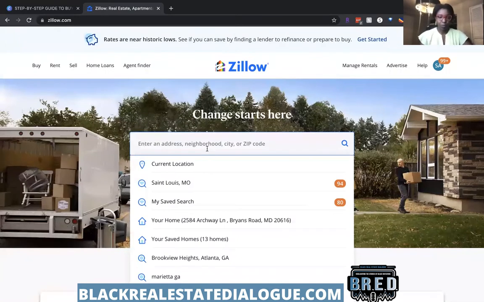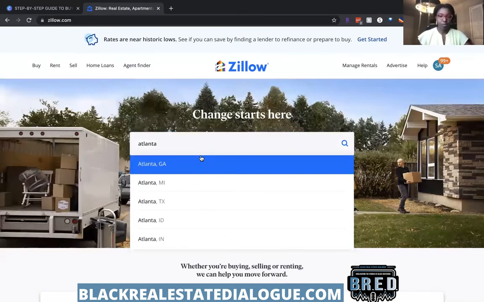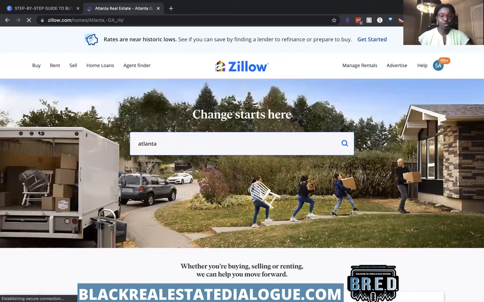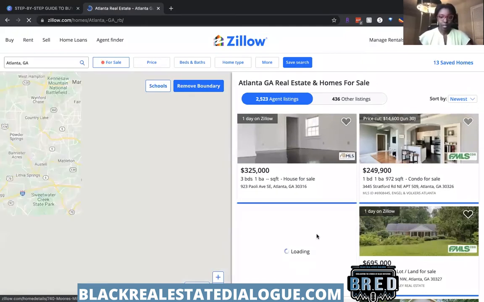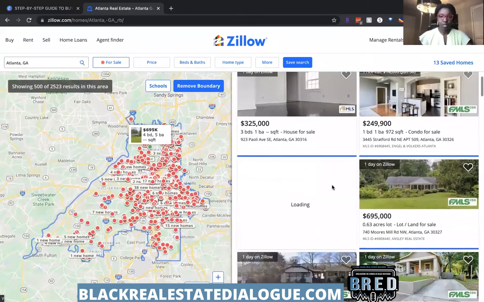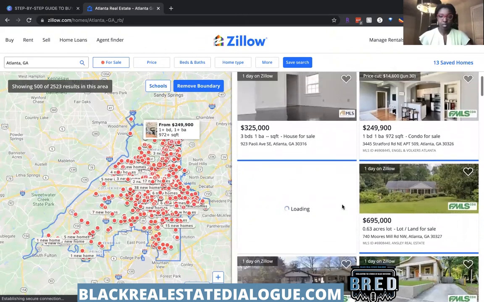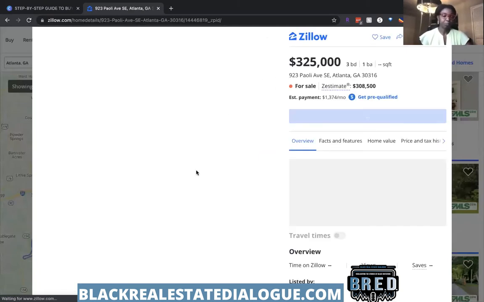A lot of people like Atlanta, so let me just look at Atlanta. We're going to pick 2 or 3 properties in the Atlanta area and just look. Okay, so house for sale here. Let's look at this very first one. It's only been listed for 1 day. It is listed for $325,000.